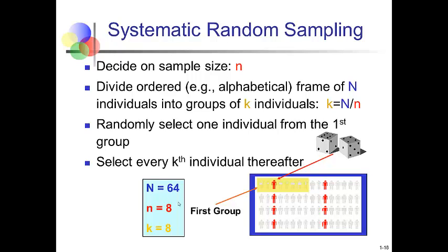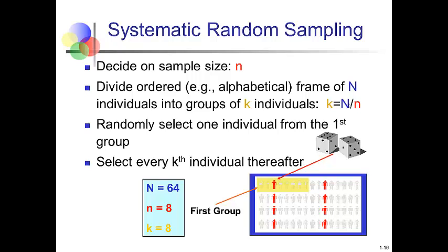Pretend that we want 8 people drawn from a population of 64. So there are 64 little guys standing over here. We want 8 of them drawn from this group. Okay, how are we going to do that? So we take N, the big N, that's our population number. We divide it by little n, that's our sample size, that's how many people we want to get.